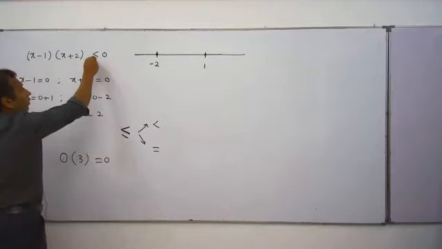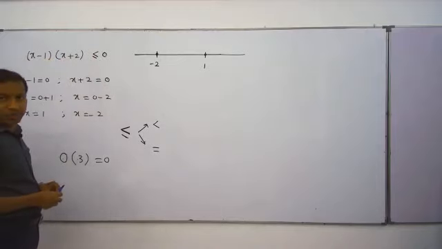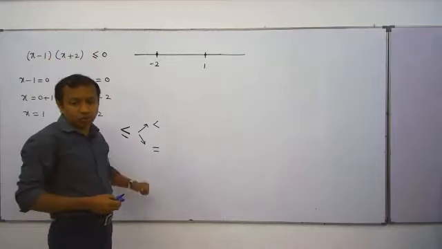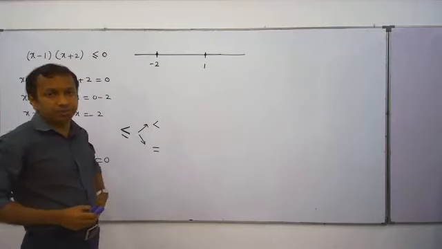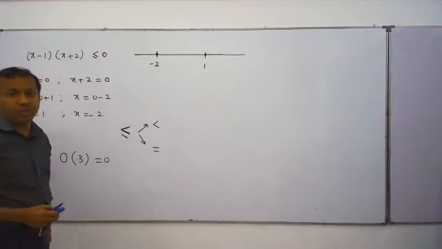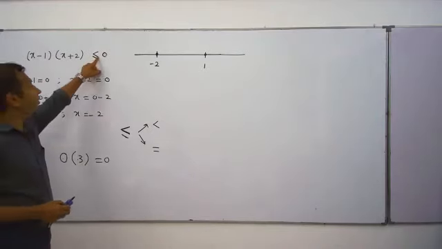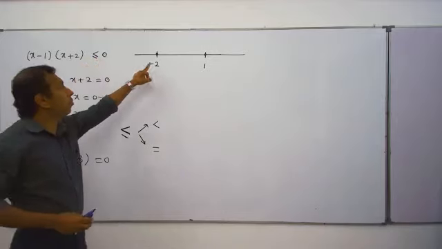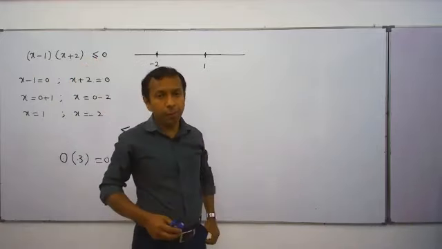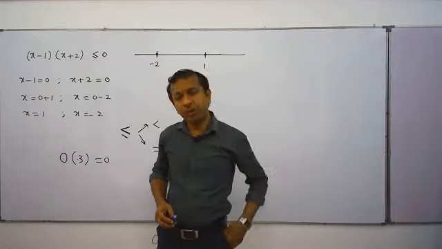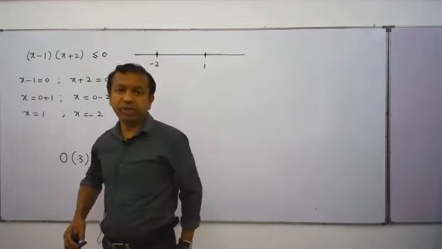This equal sign becomes valid when I put x equals 1. Similarly, when you put minus 2, the same thing happens. That is why, if we have the equal sign here, those marked values we have to include. Include means circle and color the circles.